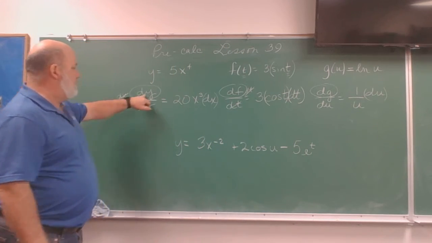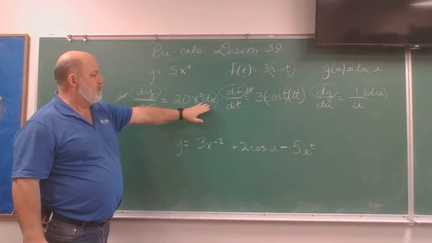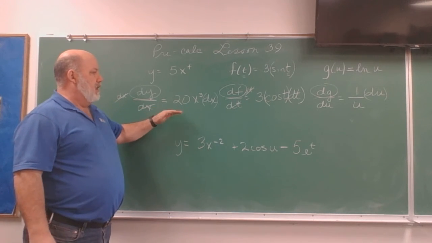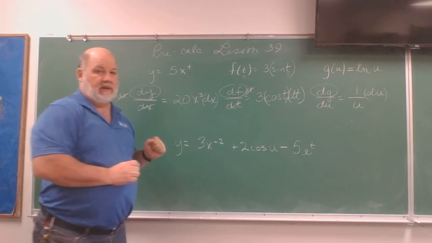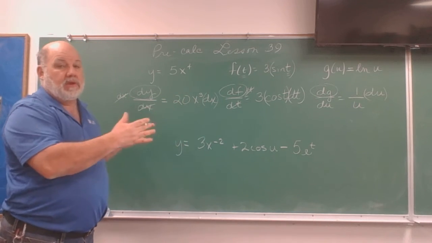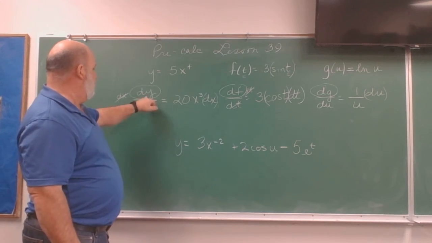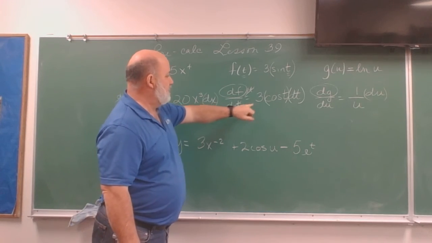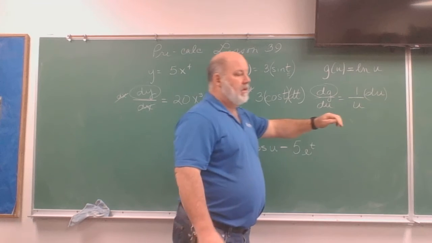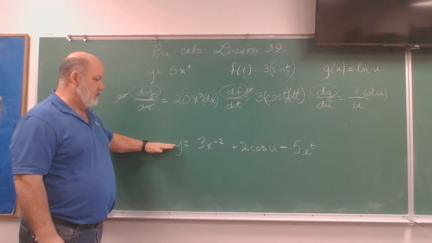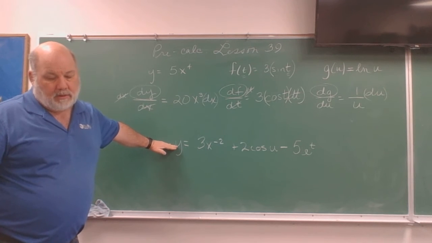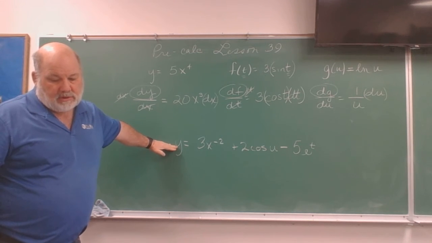In fact, this is dy is 20x cubed dx, and this dx tells you what variable is being used in this problem. You go, well, it's simple. It was an x. It was a t. It was a u. Yes, but sometimes they give you problems that have multiple variables in them, as they do in this example at the top of page 207.